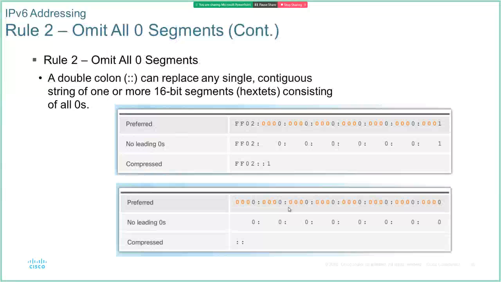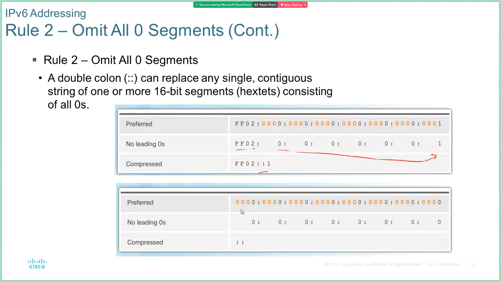So how does that look? Well, with that, we've got FF02 and all zeros going through to 1. It's a lot easier to type an IP address into a device as FF02::1 than having all of those individual digits typed.